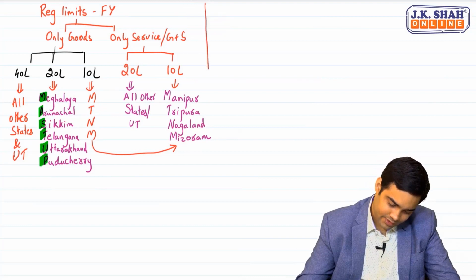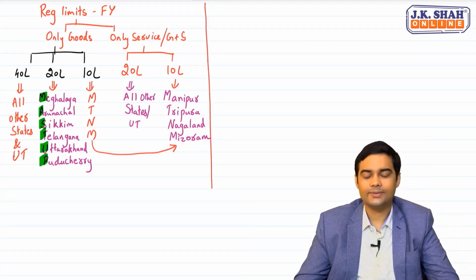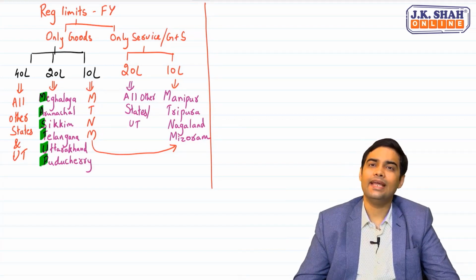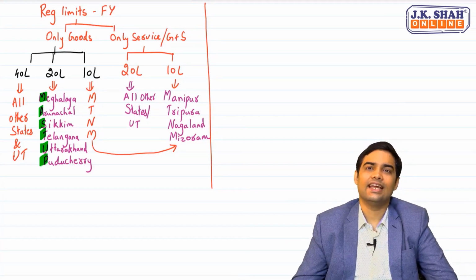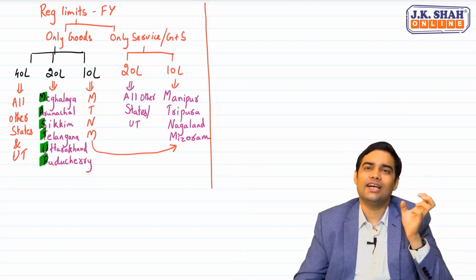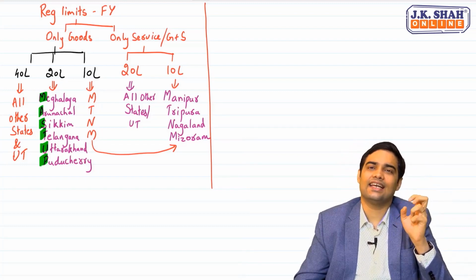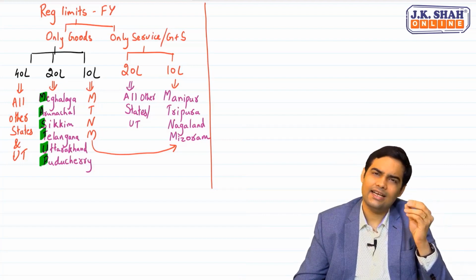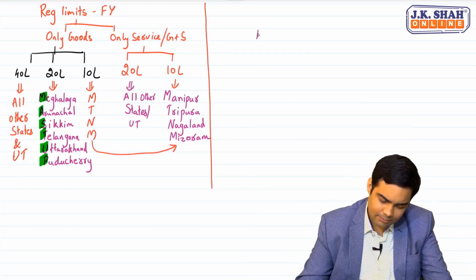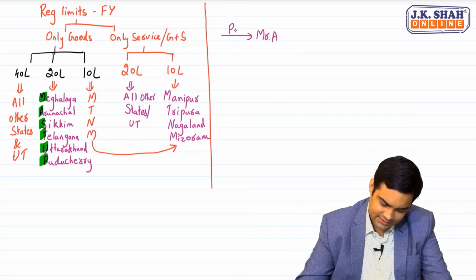Now, whenever we talk about GST, the main benefit of GST is that tax paid on purchase can be adjusted against tax collected on sale. Let's take a small example. Say suppose Mr. A has made a purchase.